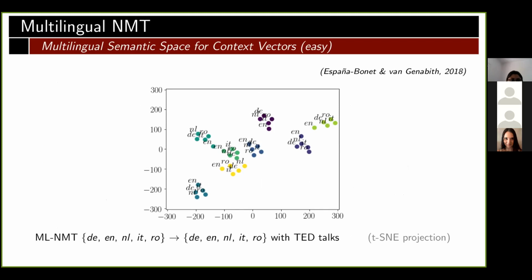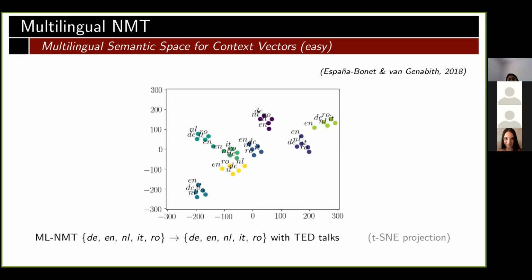It could be the case that the system learns to differentiate languages, so that if you look at the embeddings in your space, you see clusters of words that belong to English, clusters of words that belong to German. Or that the system learns to cluster together sentences that have the same meaning. So the same sentence in English and the same sentence in German would lie together because they have the same meaning, and this independently of the language. But which of the two options is happening?